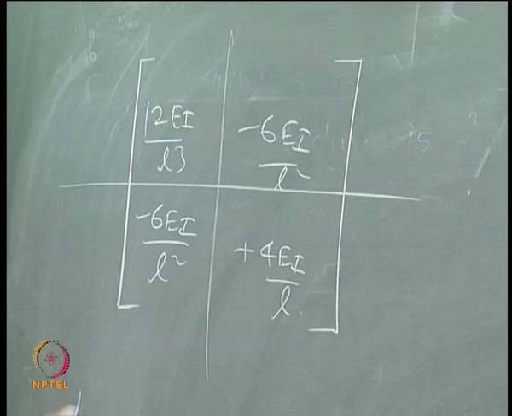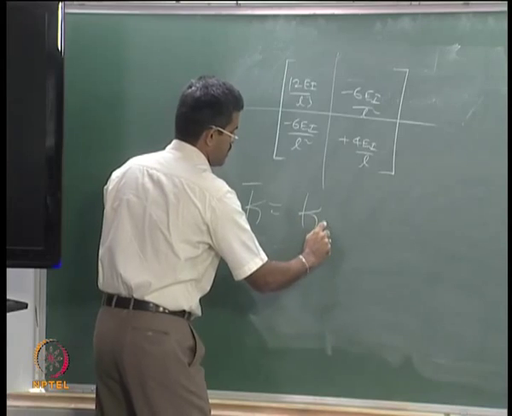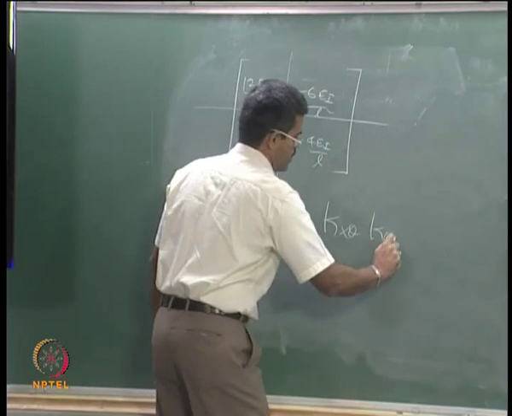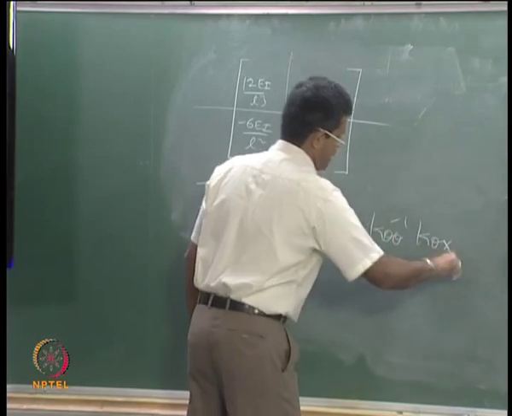So, I want to write k bar is kxx minus kx theta, k theta theta inverse, k theta x.